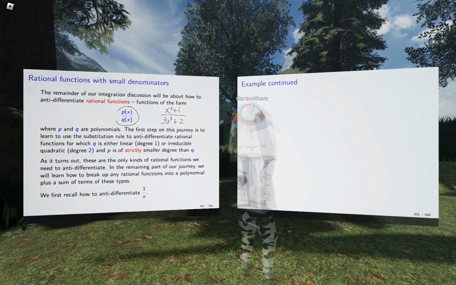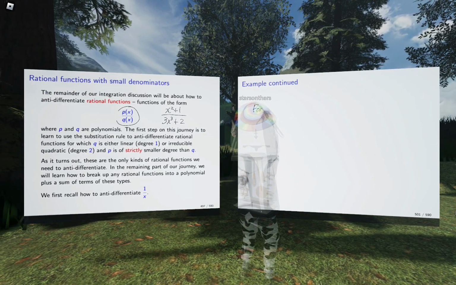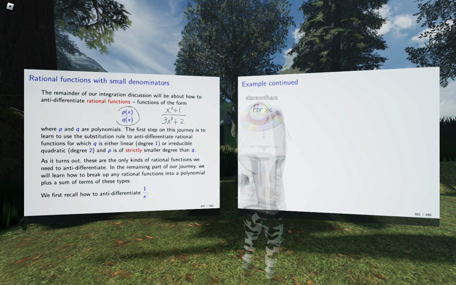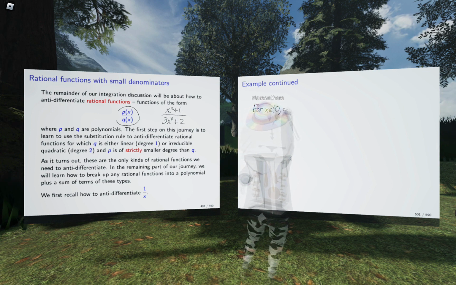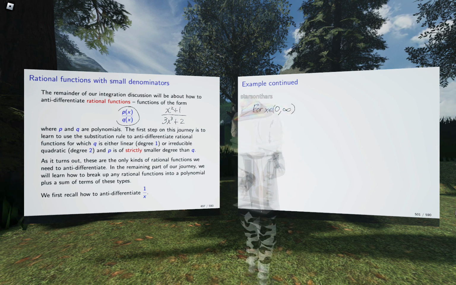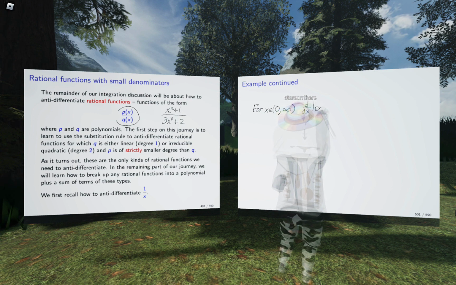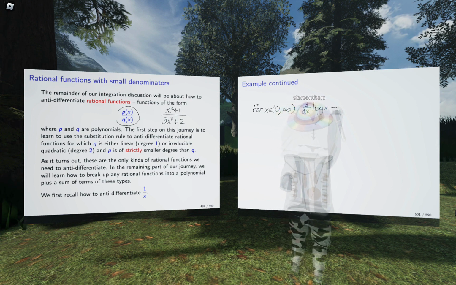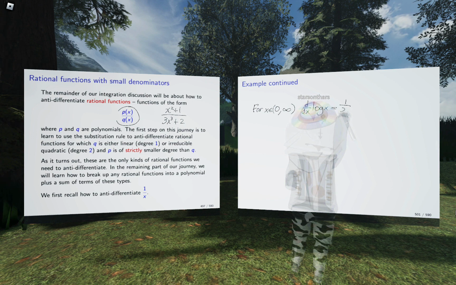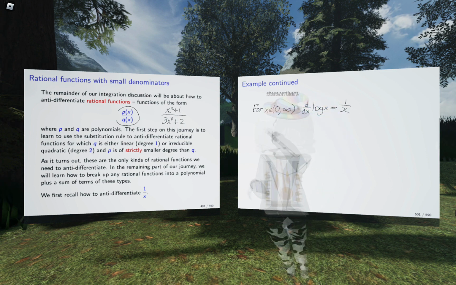So for x in the interval 0 to infinity, we have that the derivative of the logarithm is 1 over x. Good.